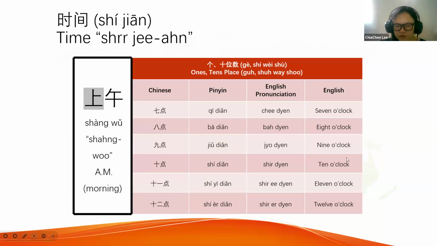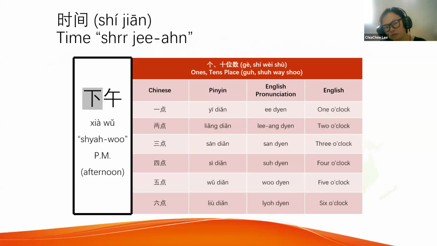Please also take note that the 12 o'clock here stands alone because 12 o'clock, we know, is noon or midnight. As for midnight, we need to carry on to the next part, which is PM.